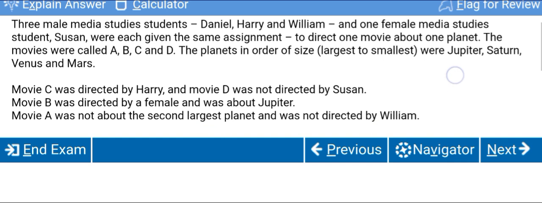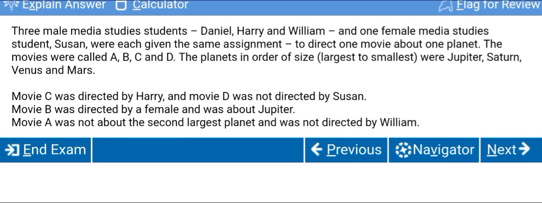Next we have three male media studies students, Daniel, Harry and William, and one female media studies student, Susan, who were each given the same assignment: to direct one movie about one planet.